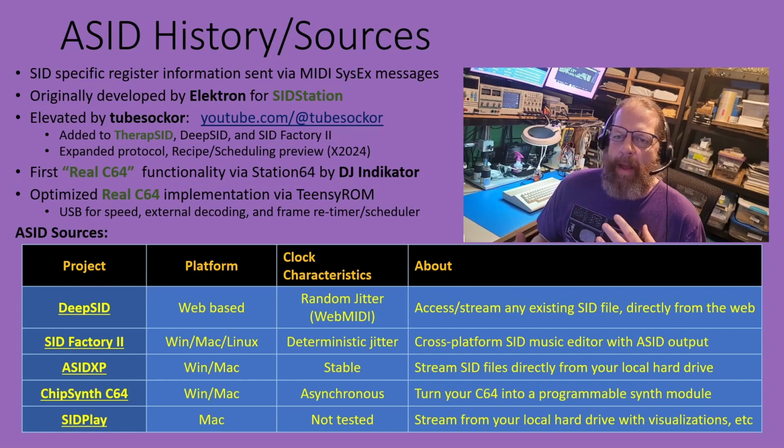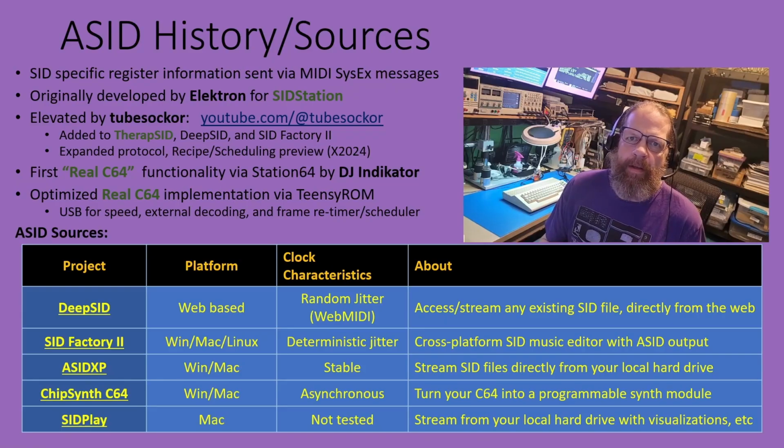The TeensyROM adds to that capability by, first of all, using USB for faster communications. It does the decoding from the ASID protocol into SID register information external to the C64, and it also incorporates a frame retimer for correction of some jitter that we'll see in upcoming here.